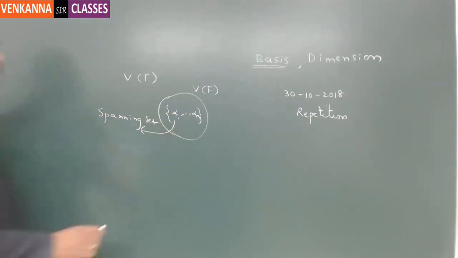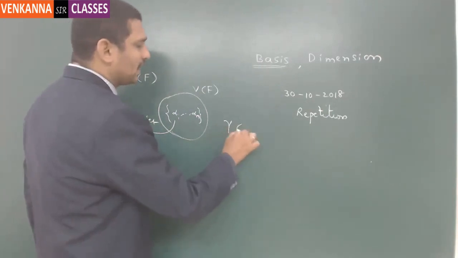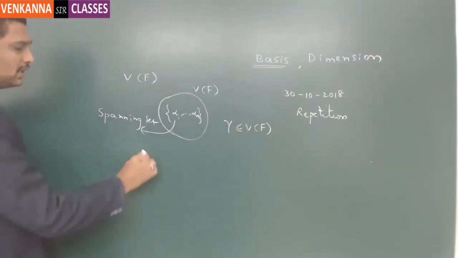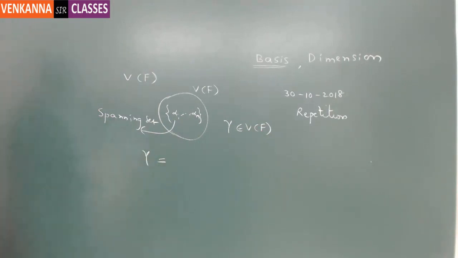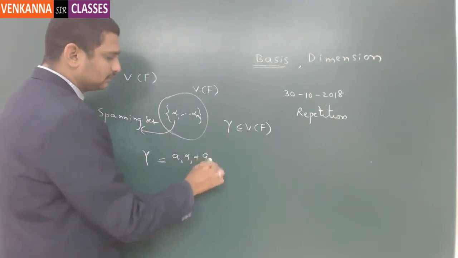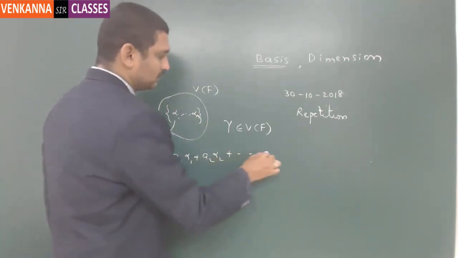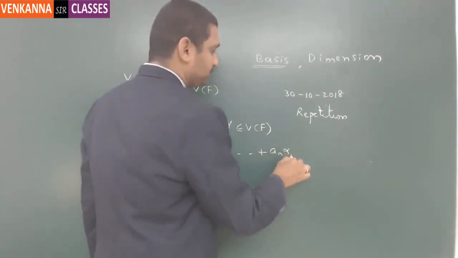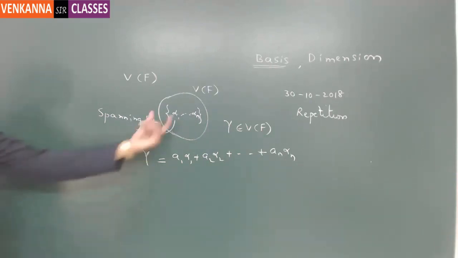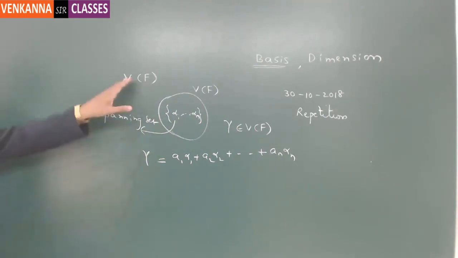In other words, whenever you take a vector gamma belongs to V of F, then you can write gamma as A1 alpha 1 plus A2 alpha 2 plus so on plus An alpha n. Then we say that the set alpha 1, alpha 2, so on alpha n spans V.